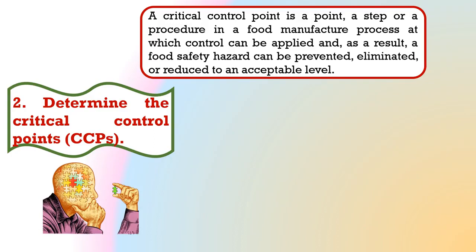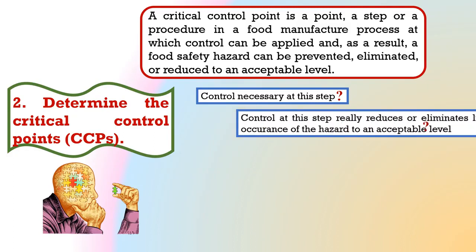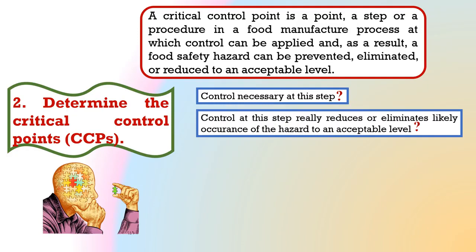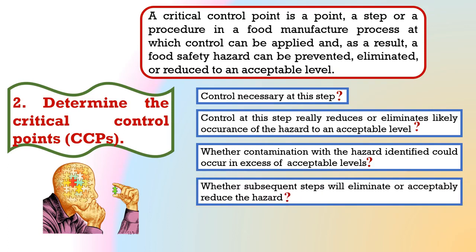While deciding a particular point or step as a critical control point, some factors are taken into consideration, like whether the control at a particular step is really necessary, or whether the control at this step really reduces or eliminates the hazard to an acceptable level, or whether contamination with the identified hazard could occur in excess if we do not apply a control at that step, or whether the subsequent steps will eliminate or acceptably reduce the hazard.